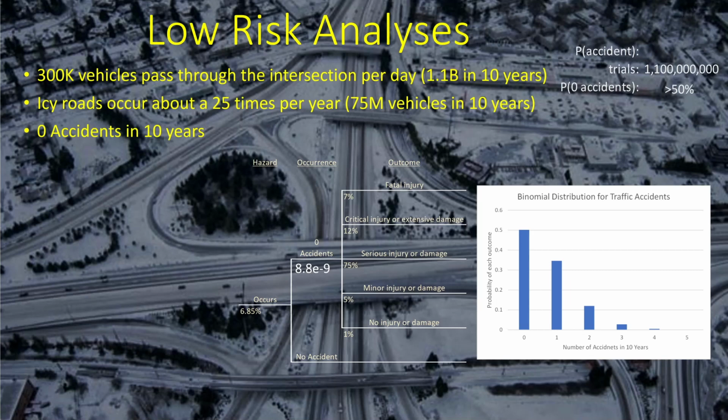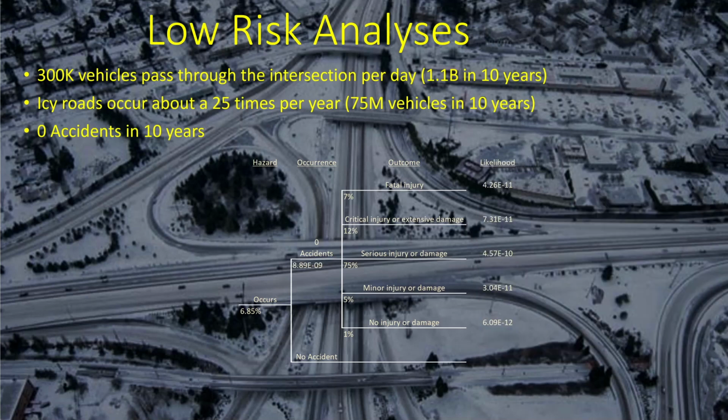So with that, I can remove this graphic and just perform the calculations again. Just multiply those probabilities together to get my new likelihood values, those joint probabilities. And here's what it looks like in a risk matrix. If you saw this risk matrix in the previous videos, you saw that the risk was much higher when we had accidents in our data.